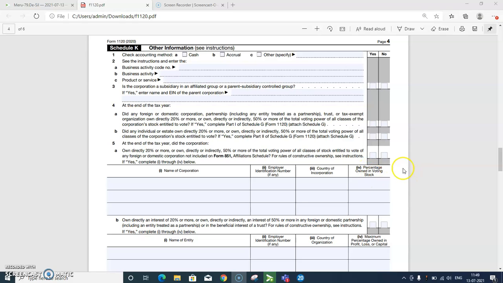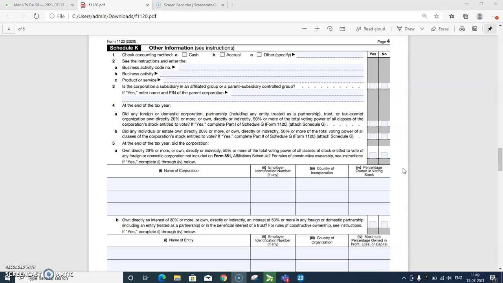For the purpose of determining the corporation's constructive ownership of other entities, the constructive ownership rules of section 267(c), excluding section 267(c)(3), apply to ownership of interest in partnerships and trusts as well as corporation stock.